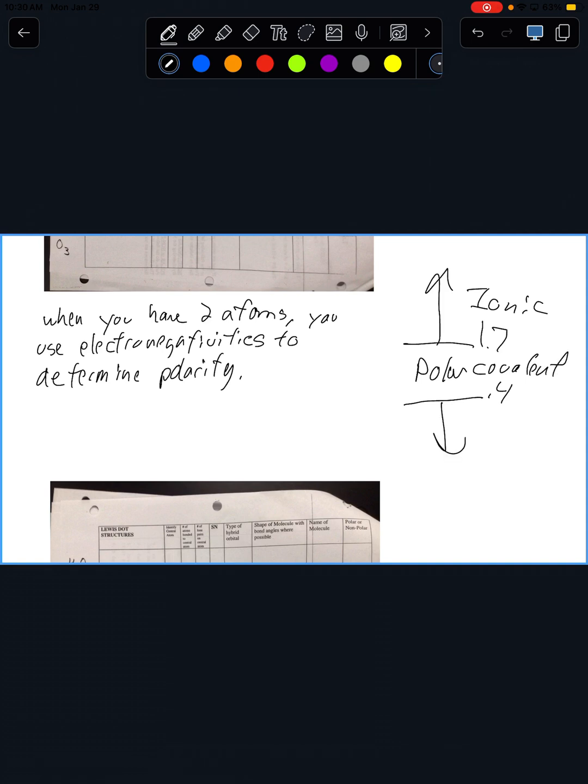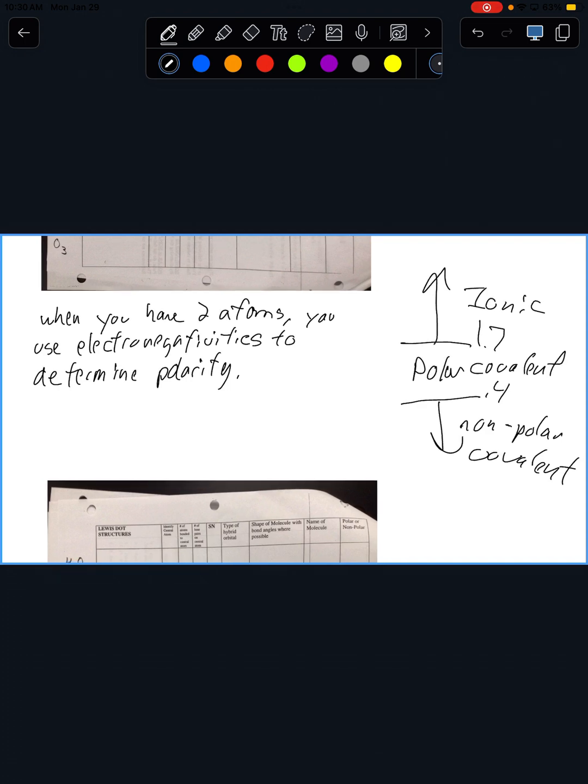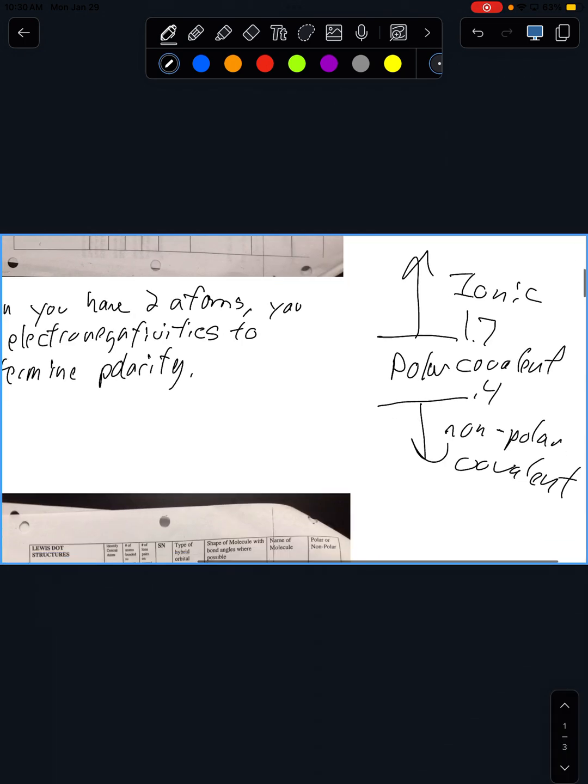If you're below 0.4, then you are non-polar covalent. This is equal sharing. This is unequal sharing. So ionic, one steals from the other.